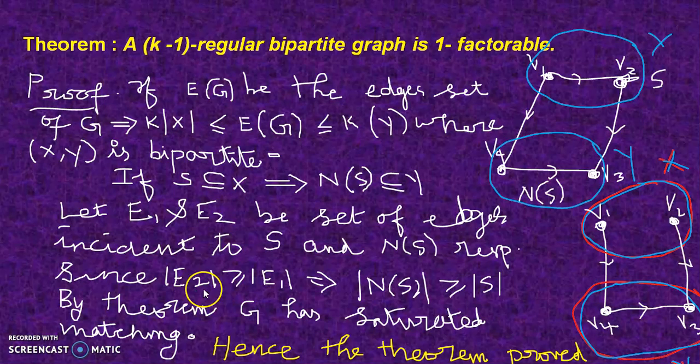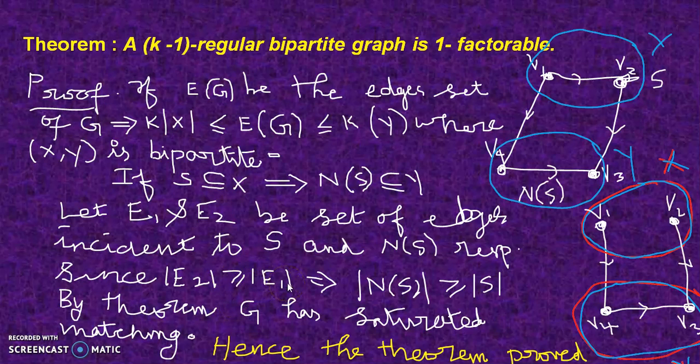Since E2 is greater than or equal to E1, okay, E2 is greater than or equal to E1. Why? Because we are taking E1 as the edges of S, and the N of S, the neighborhood of S, that we are taking as E2. Therefore, the length of E2 is always greater than or equal to the length of E1.